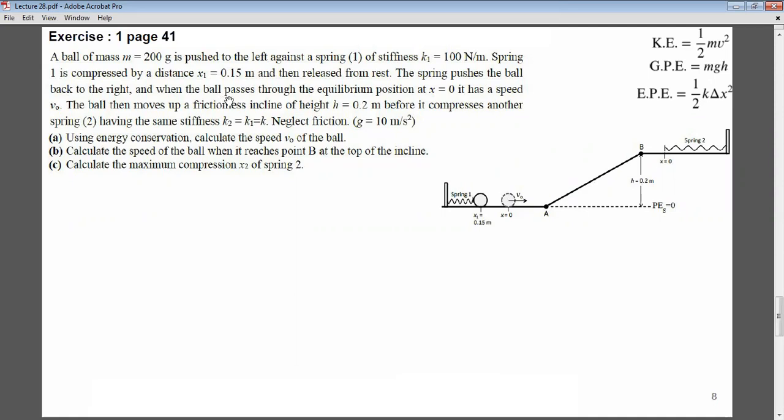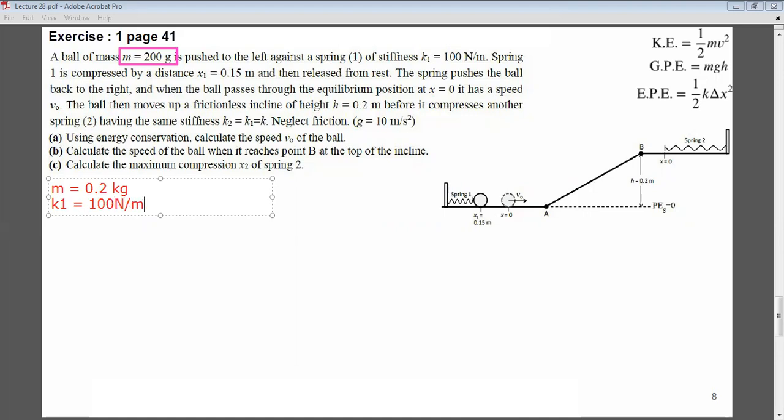So a ball of mass M equal to 200 grams. Let's put the given. This is mass M, 200 grams, which implies mass equal to 0.2 kilogram. It's pushed to the left against a spring of stiffness K1 equal to 100 newtons per meter.